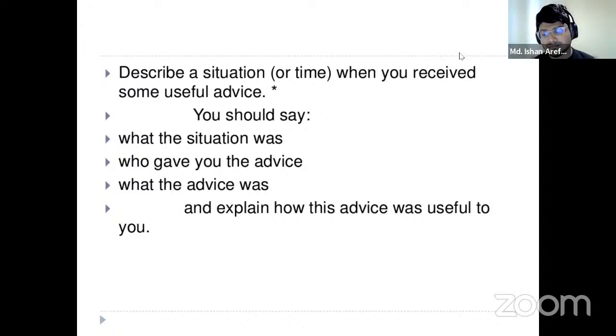So do not hesitate while making things up, because I'm again telling you, this is not being dishonest, because the examiner also knows this is a test of your English language. You're not being tested for your honesty or your truthfulness, because they also know the topics can be unfamiliar to you, but they're only testing your English language ability.